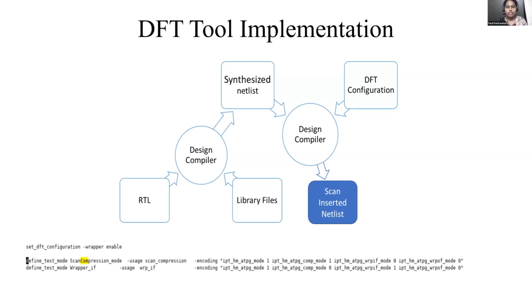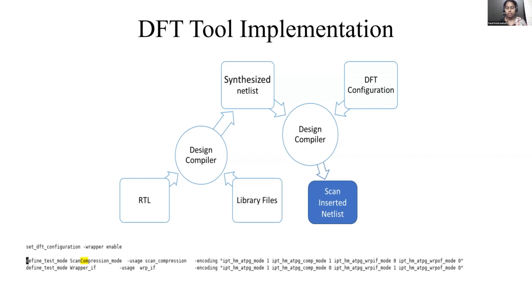This synthesized netlist is again synthesized, taking the DFT configuration. The DFT configuration says which kind of test you want to do. As I already told you, there are many simulation techniques; scan compression and internal scan are the two I am working on. Other than these, there is wrap-off mode.